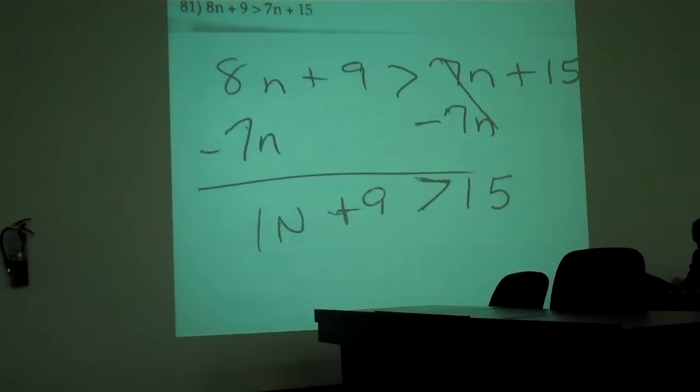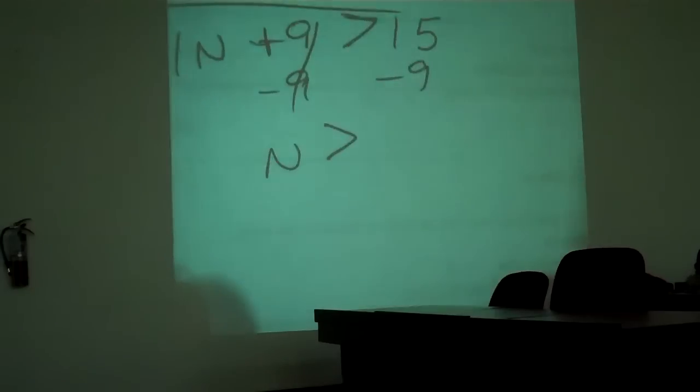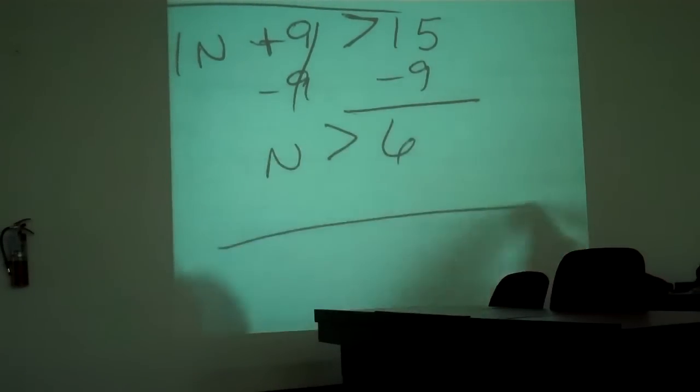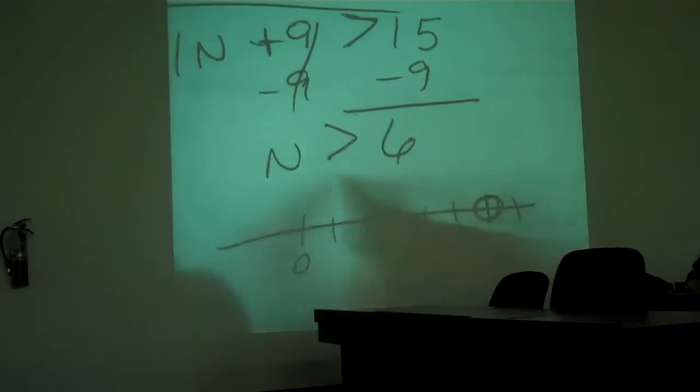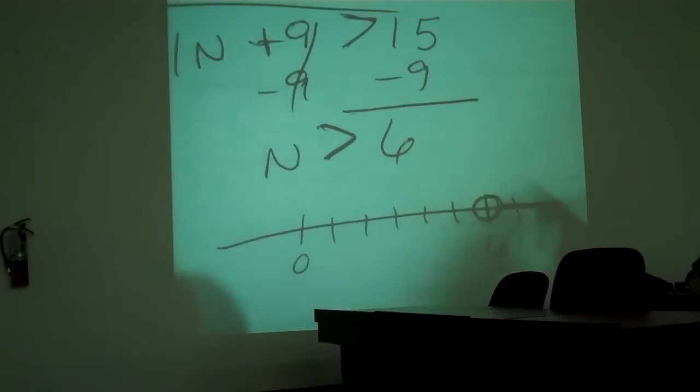Okay, so what do you do to solve that? Subtract 9. So n is greater than 6. So is it going to be open or closed? Open again, because there's no equal, but this time it goes to the right.